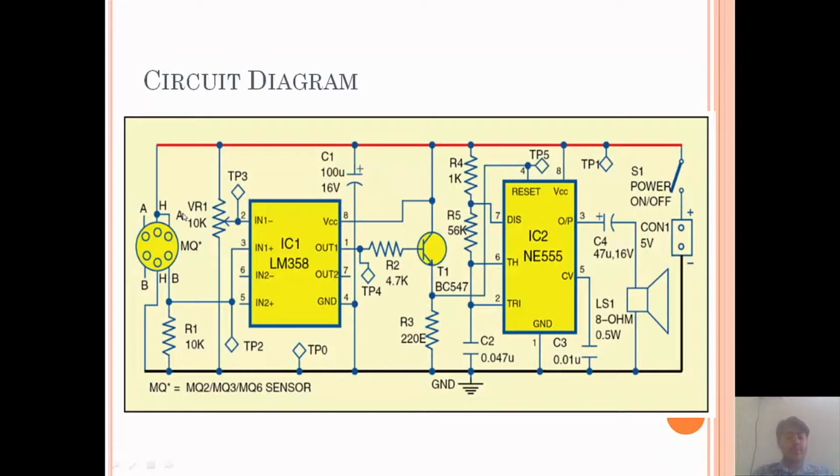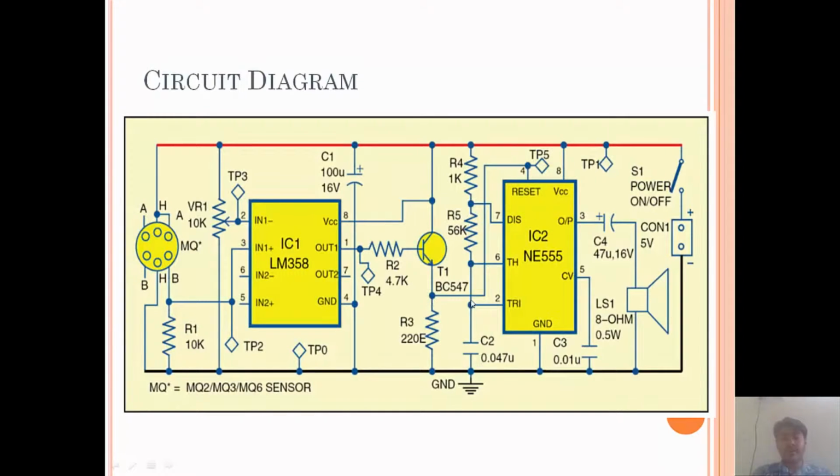If the voltage is lower than at pin number 2, we do not get any output at pin number 1. If we get output at pin number 1, it goes to the transistor T1, which is wired in common collector configuration, and the output is taken from the emitter side in saturation mode.